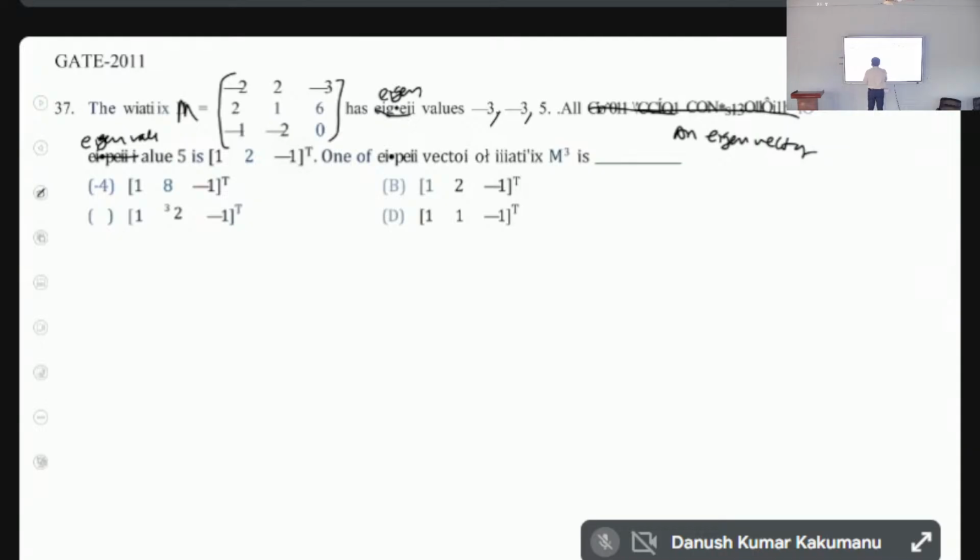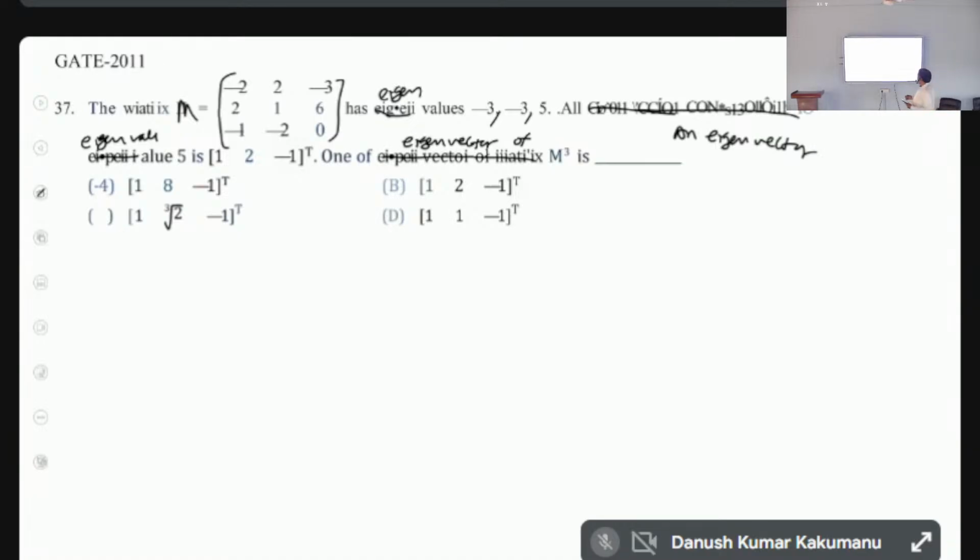Then one of the eigenvectors of the matrix M cube, can you guess what is the answer? The options: 1, 8, minus 1 transpose; 1, 2, minus 1 transpose; 1, cube root 2, minus 1 transpose; 1, 1, 1, minus 1 transpose. Can you guess the answer?